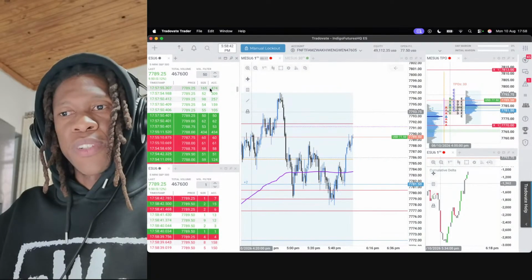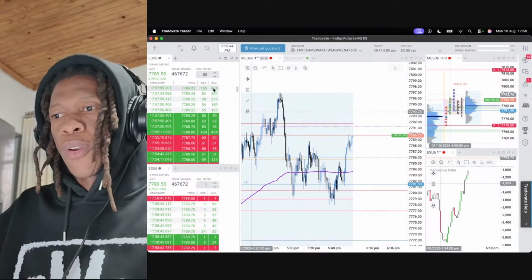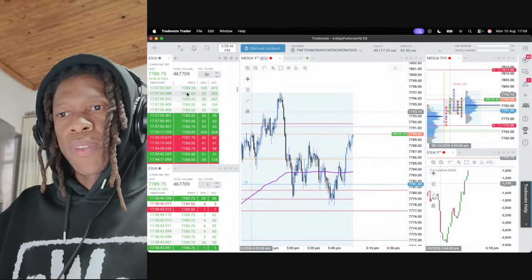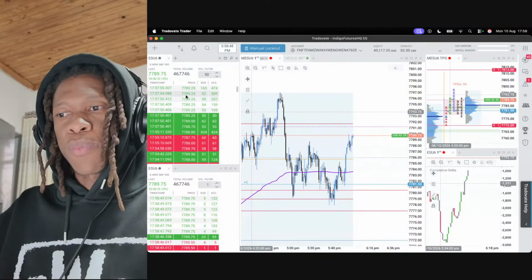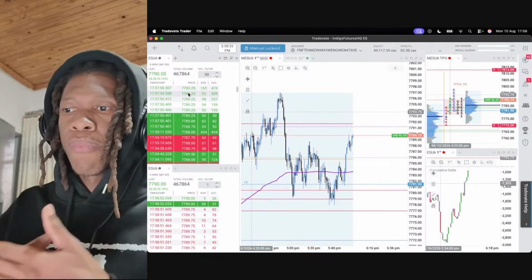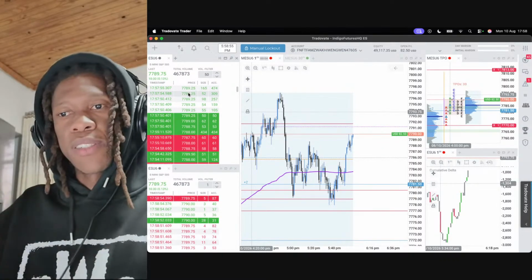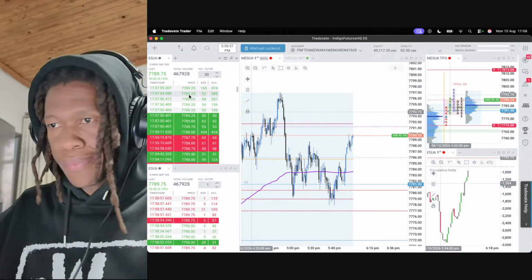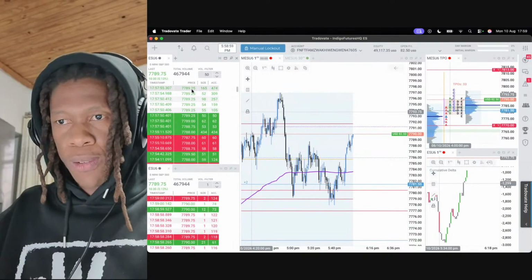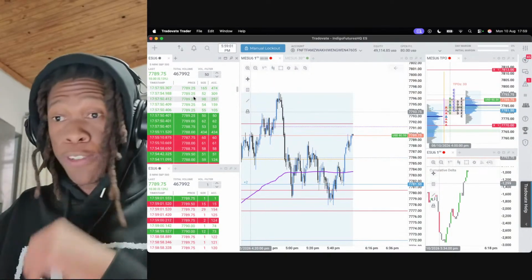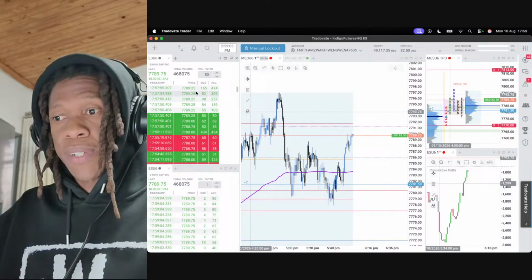Yeah, this could reverse again because look at this. 89.25s, but these were big orders, but didn't really move it much, did it? So a lot of intent, a lot of big buy orders, right?